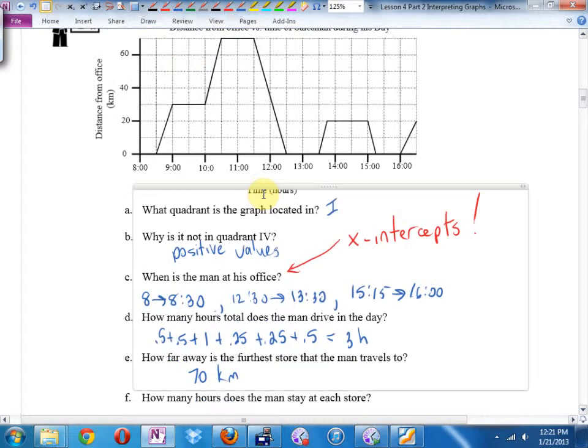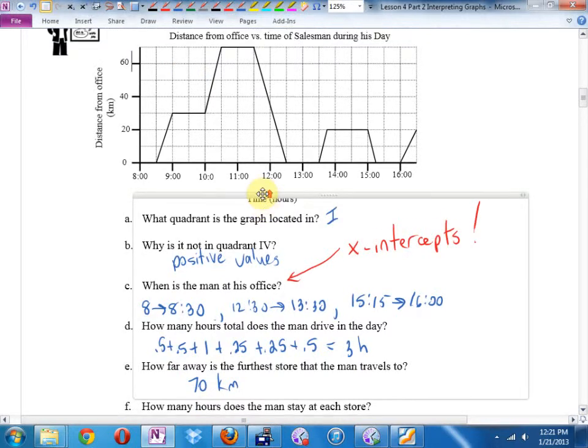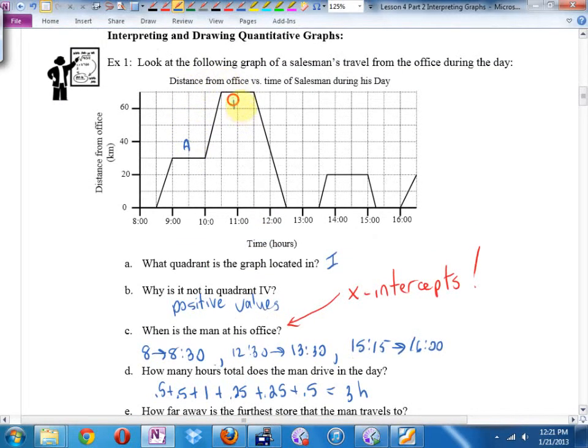What's the next one? How many hours does the man stay at each store? Okay. Let's call this store A, store B, store C. How do I know that those are stores? Horizontal line means, Sam, time keeps moving. I thought Einstein said you can freeze time.